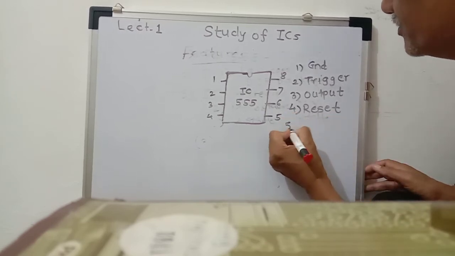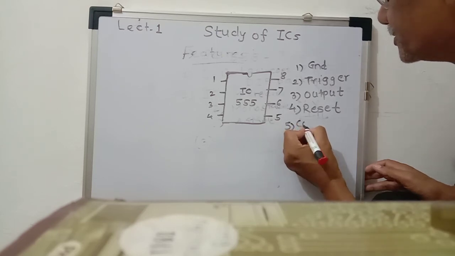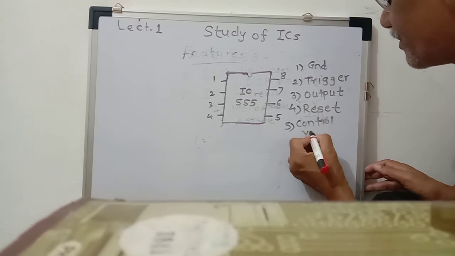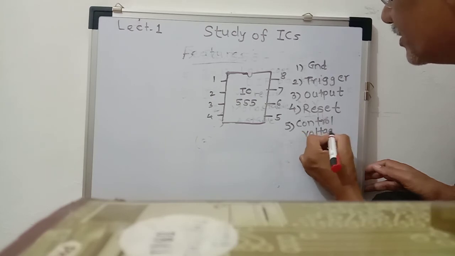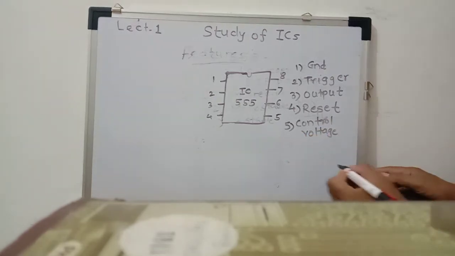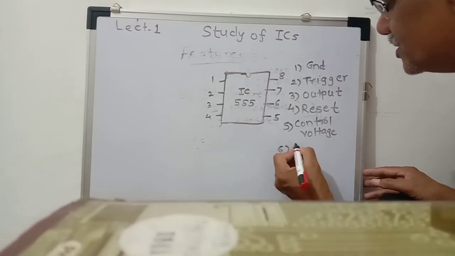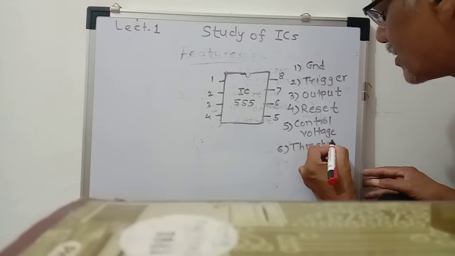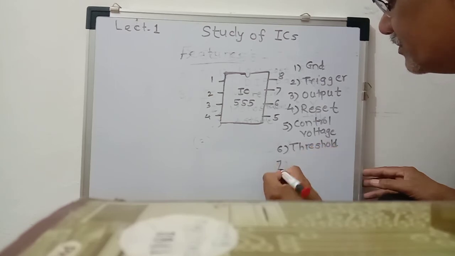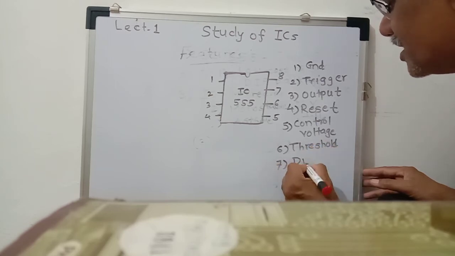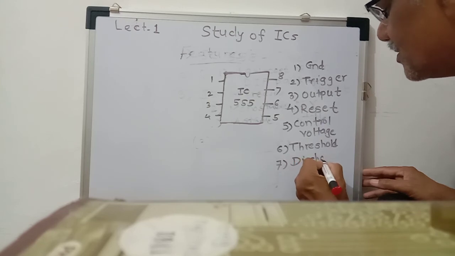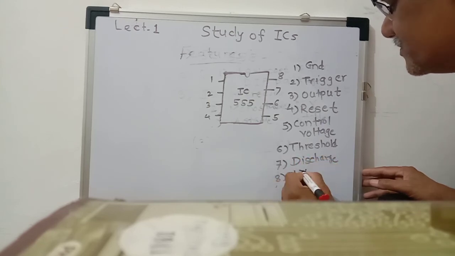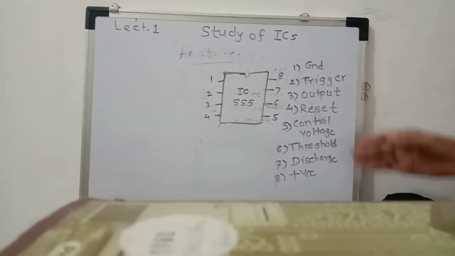Pin number 5, control voltage, VC. Pin number 6, threshold. Pin number 7, discharge. And pin number 8, plus VCC. So these are the 8 pins.